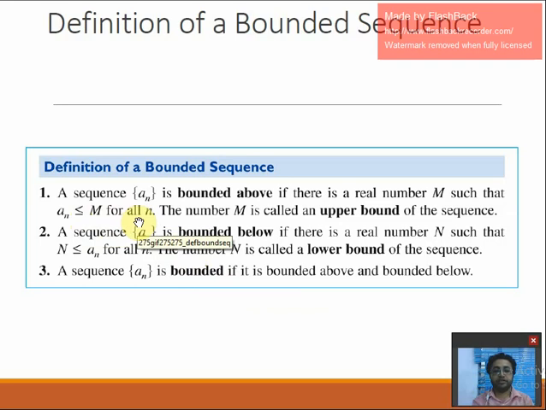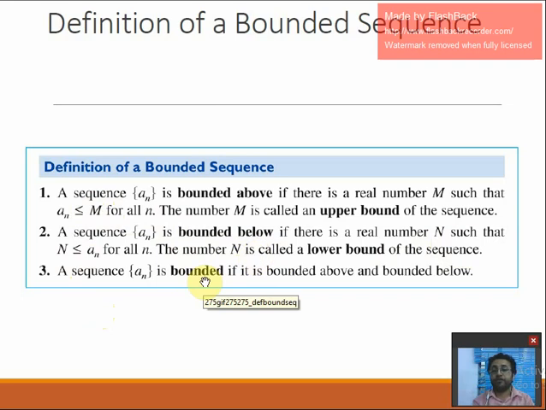So, that means if there is some upper bound M such that a_n is always less than or equal to M, then this M is called the upper bound of the sequence. And similarly, if there exists another number, suppose capital N, such that a_n is greater than or equal to N, then we call N the lower bound of the sequence.